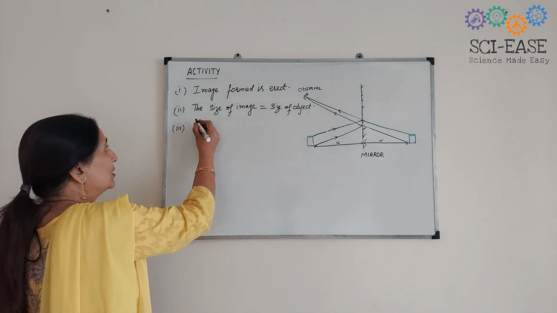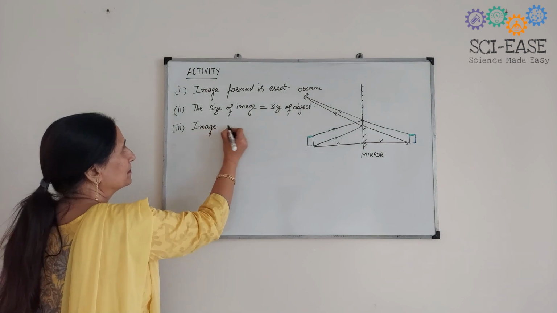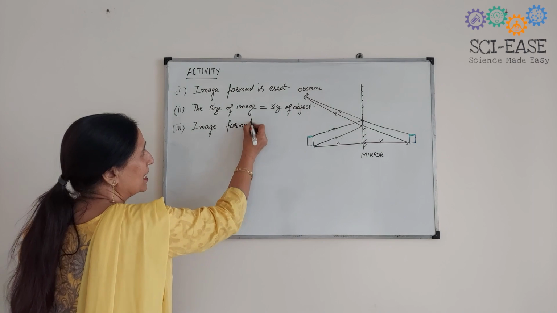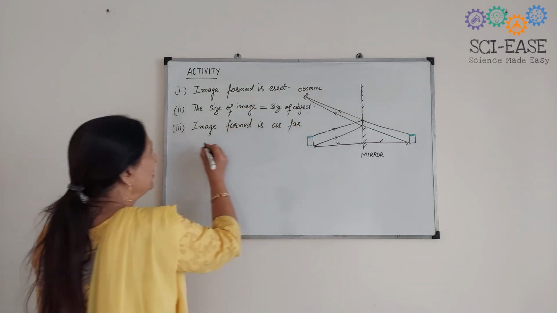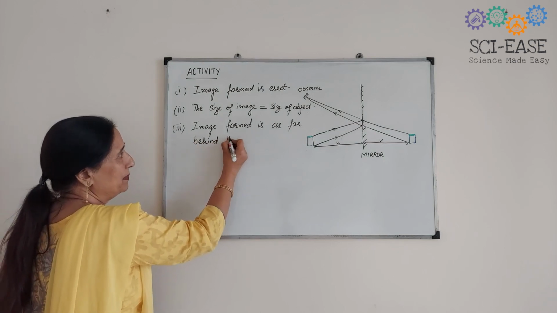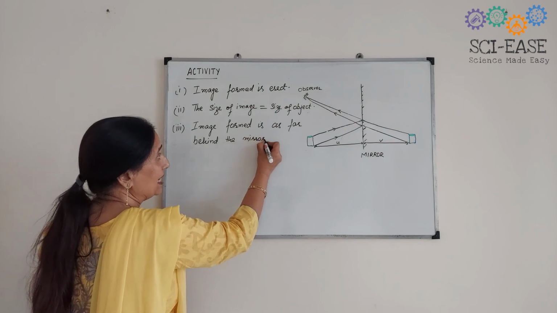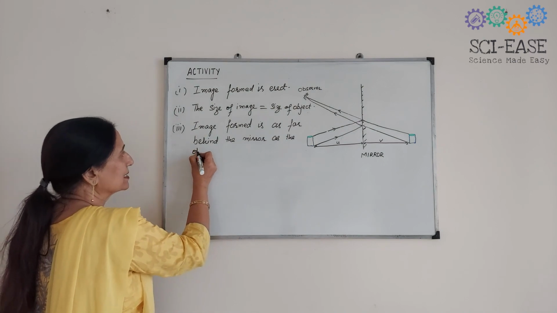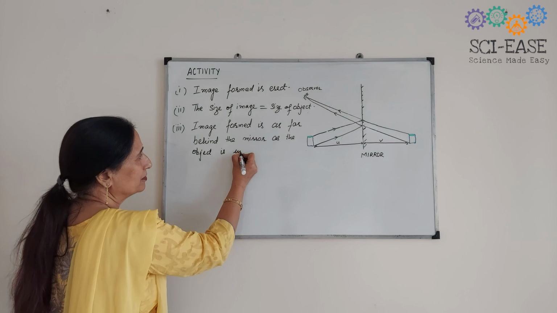Okay, so the third point is: image formed is as far behind the mirror as the object is in front of it.